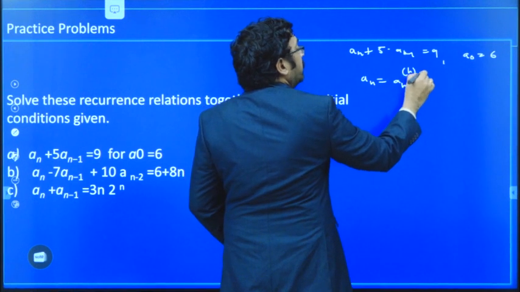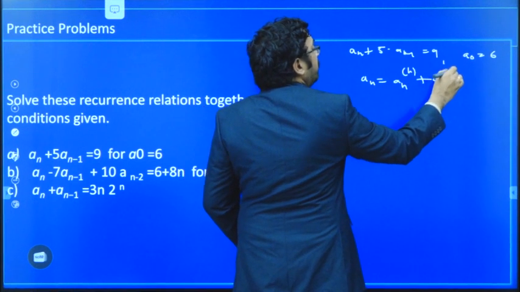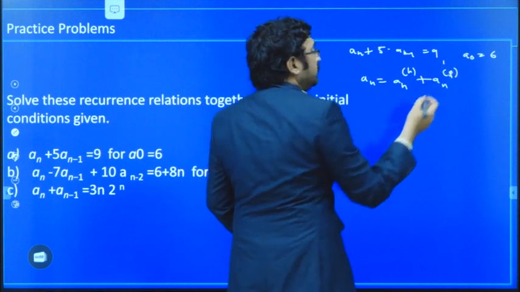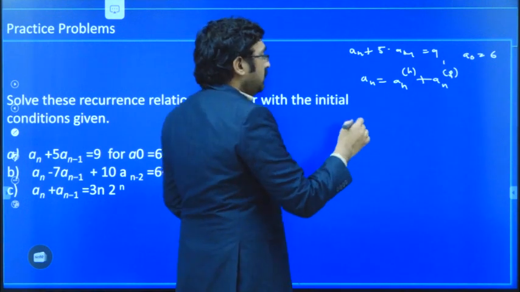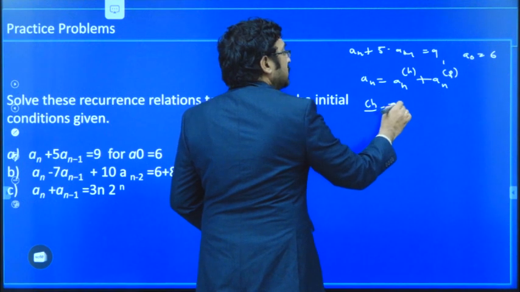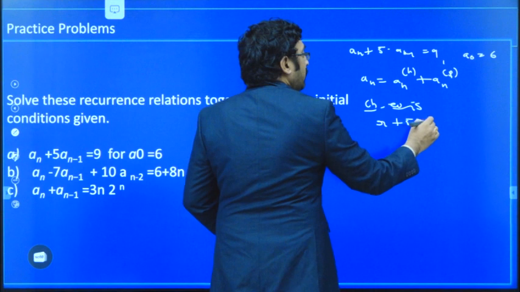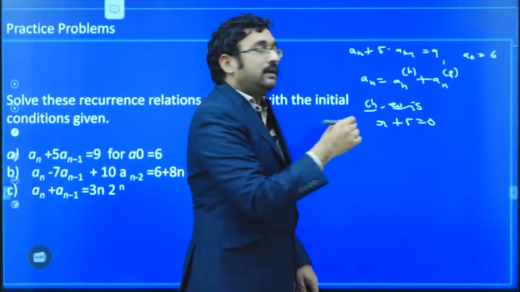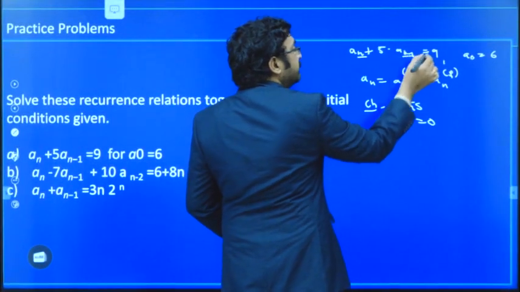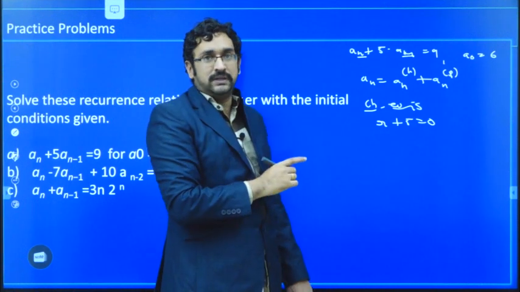an equal an power h plus an power p. So first we have to compute an power h. So the characteristic equation is r plus 5 equal to 0, because here the highest power is n and the smallest power is n minus 1. The difference is 1.